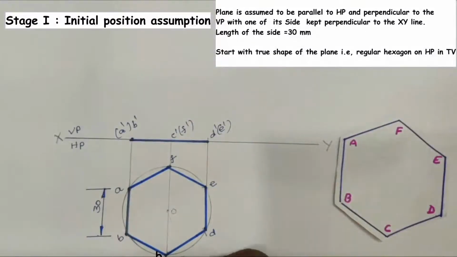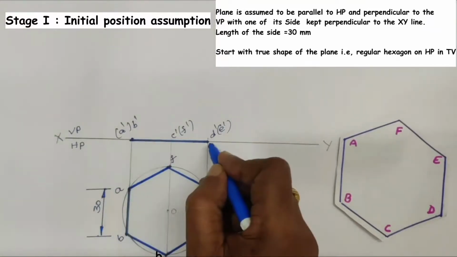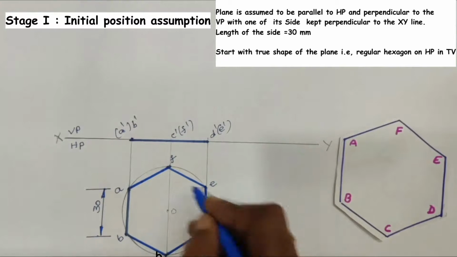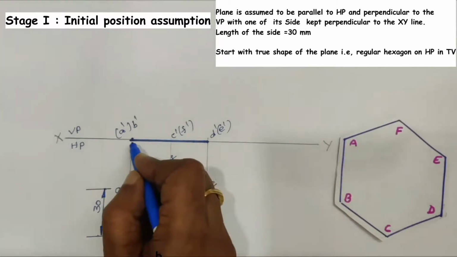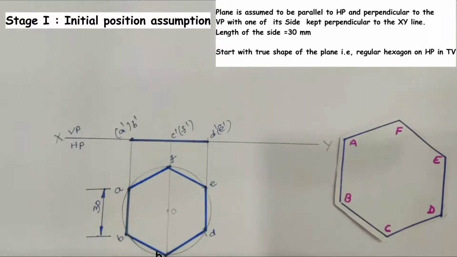Because this plane is resting on its surface on HP, its image falls on the XY line, and also this plane is perpendicular to VP, that's why in front view its image is a line. With this we completed first stage solution.